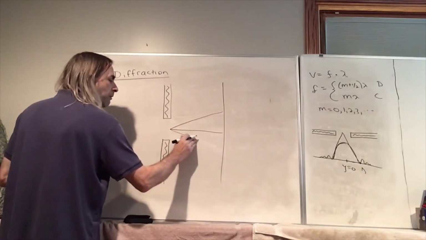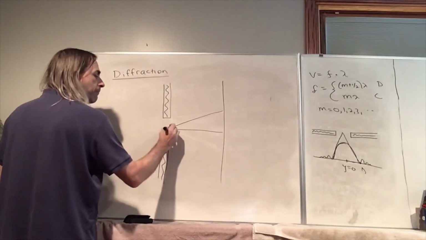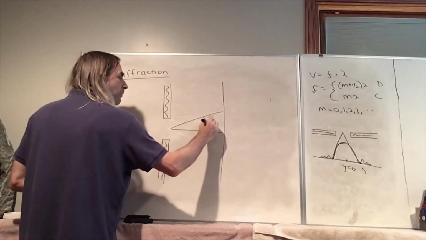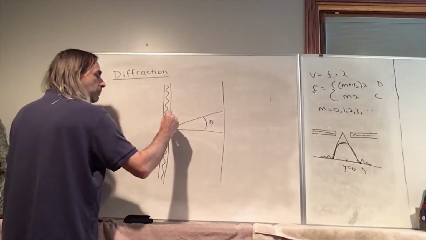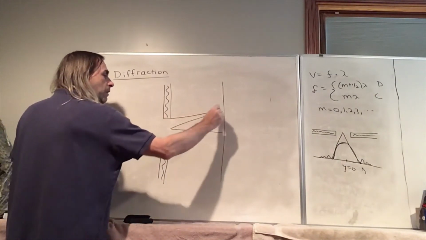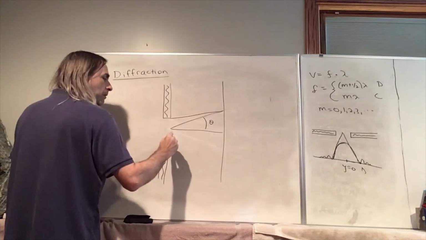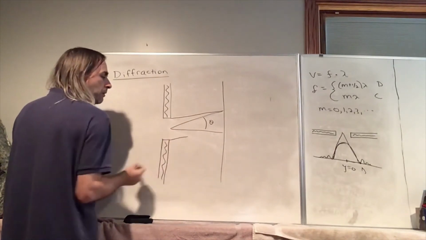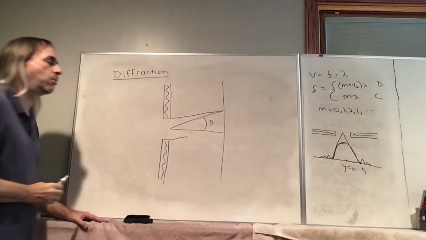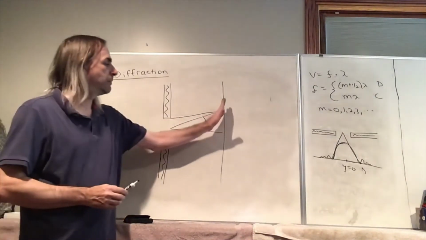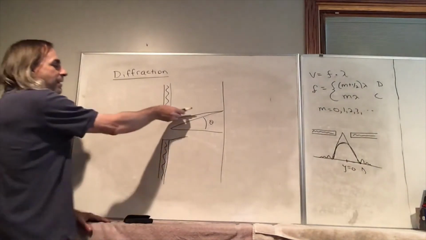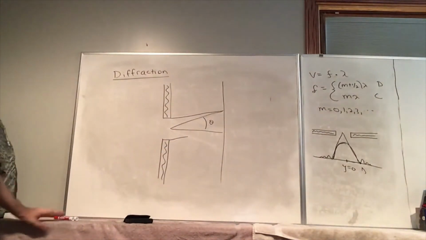Actually, I don't need that line, so I'm not going to draw it. So this angle's theta. We also have, I'm going to draw these as if they're parallel. And again, we're assuming that this screen is far enough away that these lines can be considered parallel.